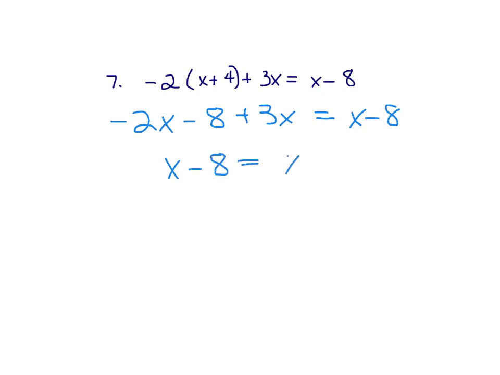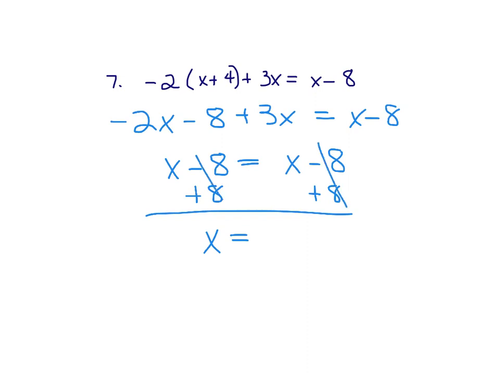And notice at this point, if you can immediately recognize that x minus 8 is equal to x minus 8, and it's exactly the same thing on the left side and the right side, you can right now write all real numbers. However, if you didn't realize that and you keep solving, then you're going to be left with, this will cancel, x equals x, and even if you try to group your x's, you end up with the equation 0 equals 0, which is a true statement.